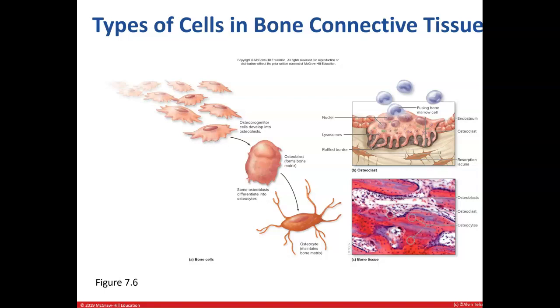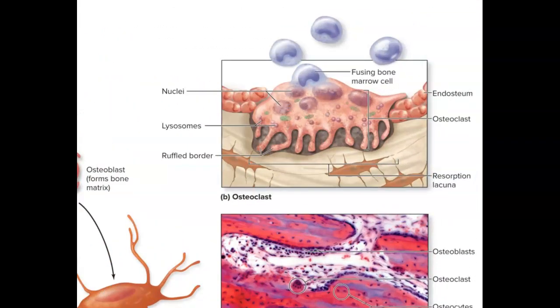Let's see if I can zoom in here. Okay, so this cell is going to have this ruffly shape, which has these processes, the surface area with which that cell can contact the bone.